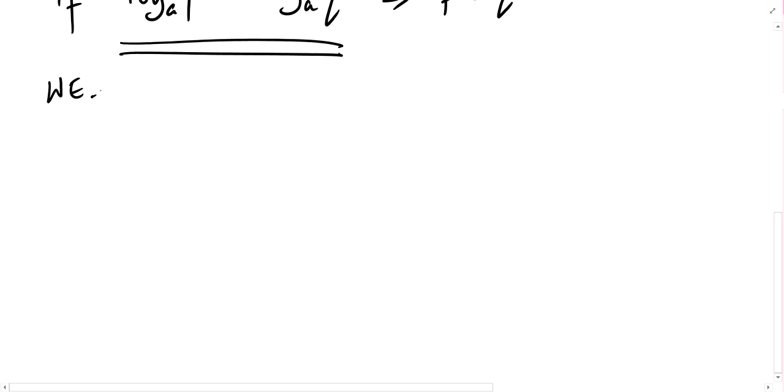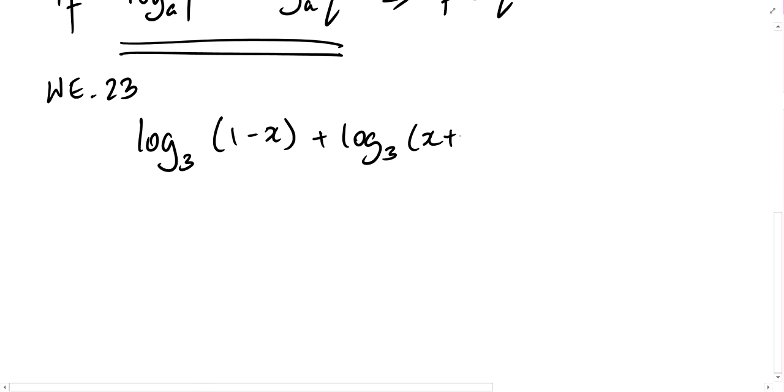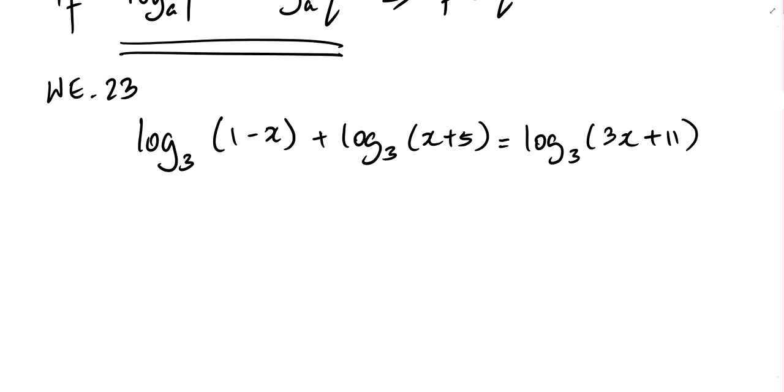Worked example 23. Without looking at the answers, this is the question. Log base 3 of (1 minus x), plus log base 3 of (x plus 5), equals log base 3 of (3x plus 11). You are supposed to solve it. In mathematics, when we ask you to solve, we're asking you to find the value of x. So how do we go about solving this?